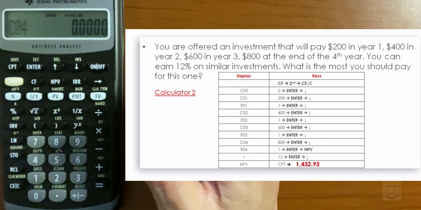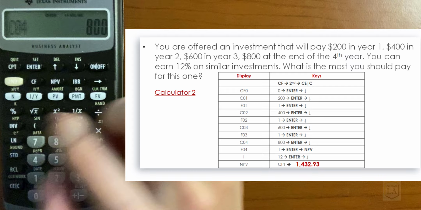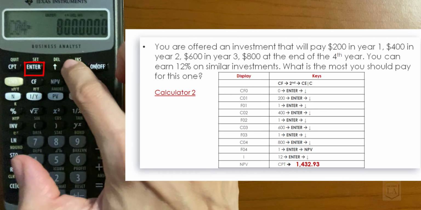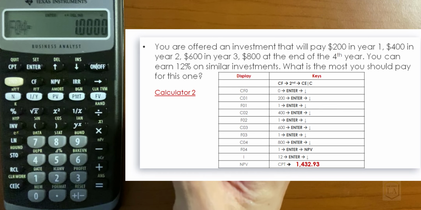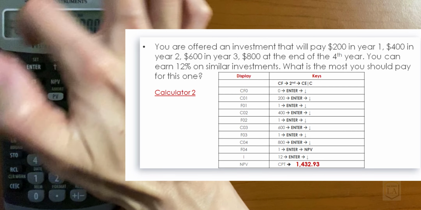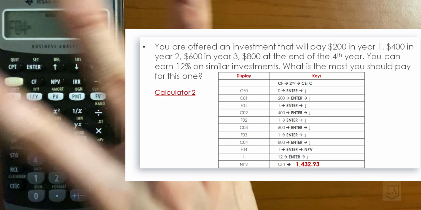And then you have C04, which means cash flow in year 4, and that would have to be 800, positive, enter, down arrow. And then you will see the final number, which is F04. The reason that this is your final input variable is because there are only 4 periods.